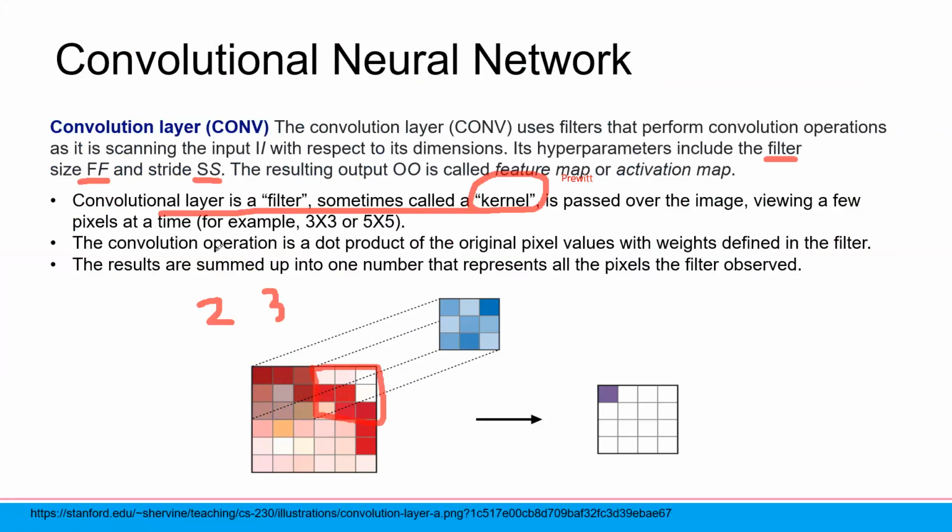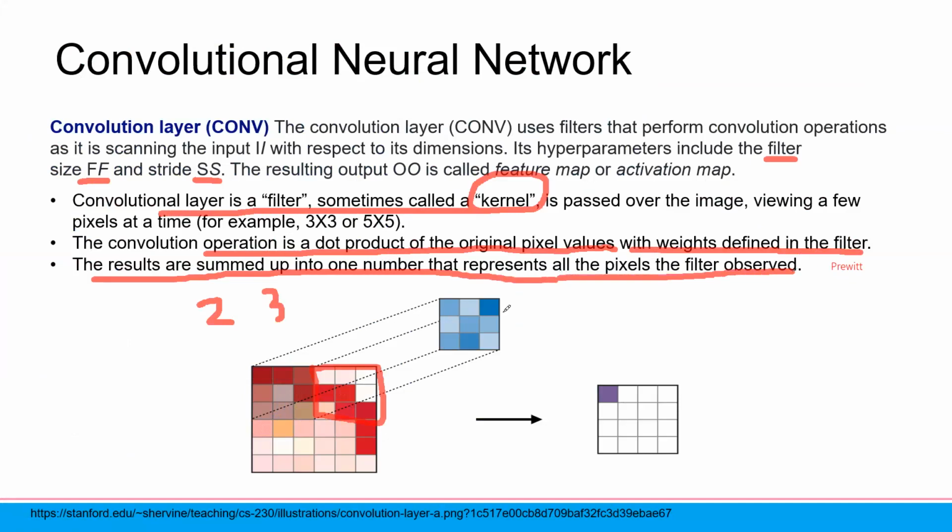The convolutional operation is a dot product of the original pixel values with the weights defined in the filter. So you already learned with the Prewitt. Okay, so Prewitt is one of the filters. And then the results are summed up into one number that represents all the pixels the filter observes.